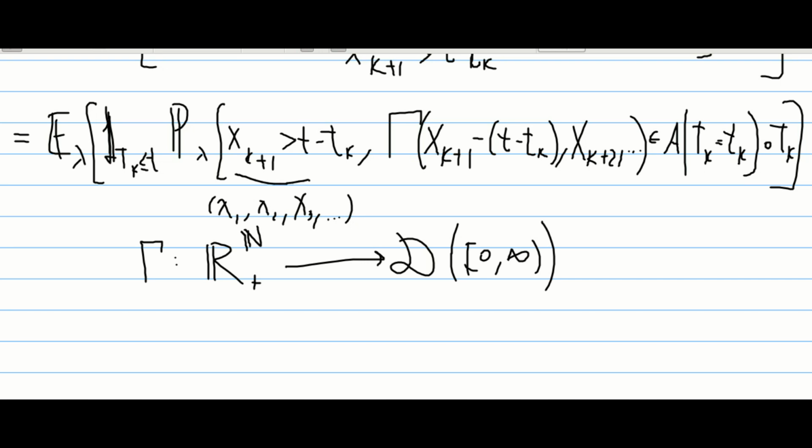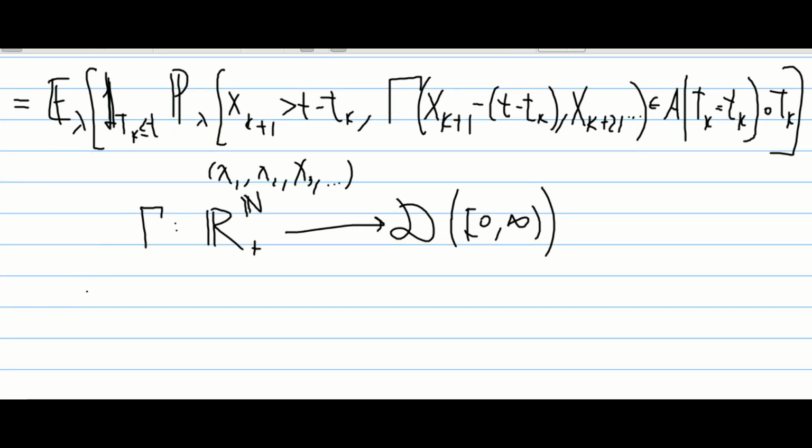This is also independent of Tk. So what we are going to get is the expectation, with respect to the measure lambda, of the indicator of Tk smaller or equal to t, and then it's just the probability.